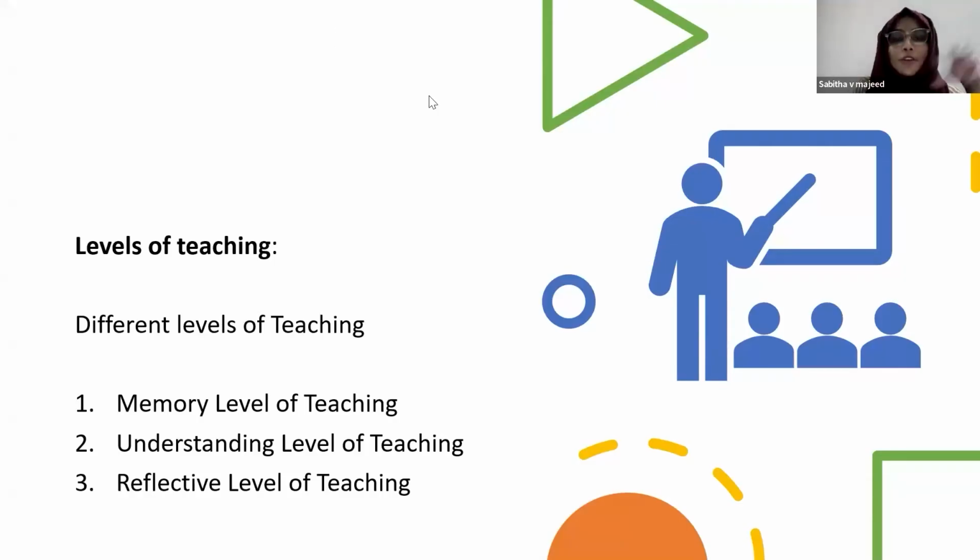First of all, you must know why we have to categorize teaching into different levels. We can't see the same level of teaching at all our educational levels.